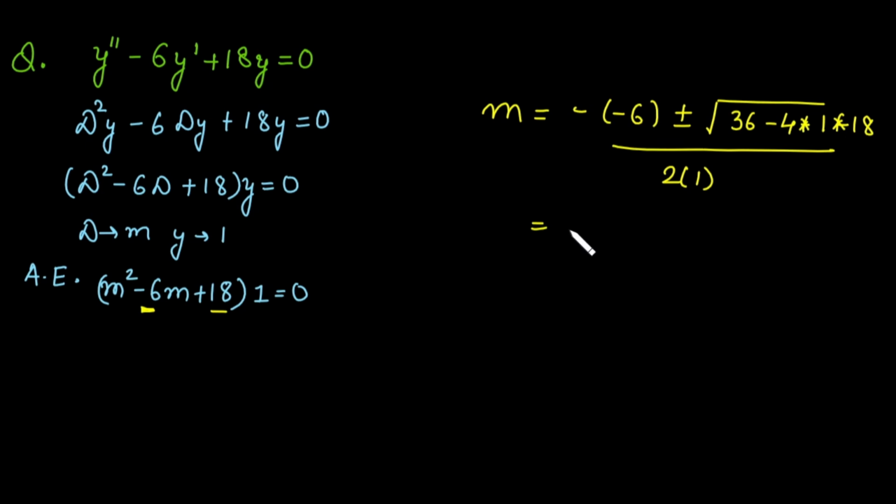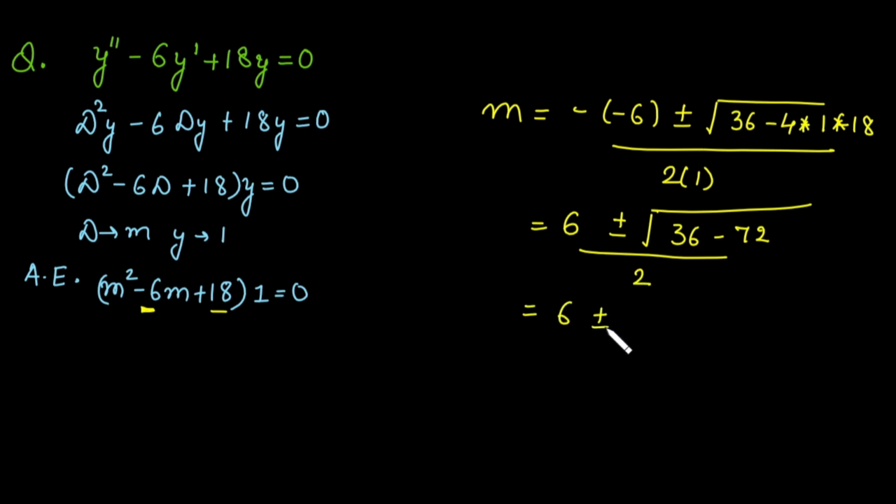So this minus minus is plus 6 plus minus under root 36 minus 72, divided by 2. So this is equal to 6 plus minus under root, when you take the subtraction of these two numbers, we have minus 36, by 2. So this is equal to 6 plus minus root of 36 is 6, but the root of the negative sign is iota, by 2.